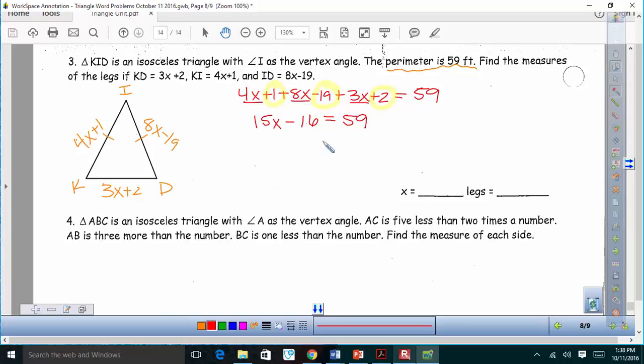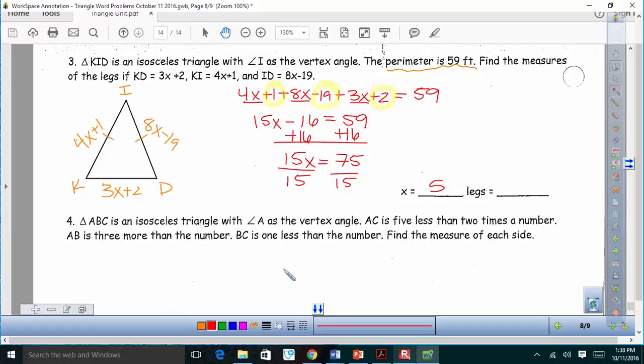Okay? Then we're simply solving for x from here, so what will we do next? Add 16 to both sides. So 15x equals 75. We then divide by 15, and x equals 5. Okay, and so it asked me to find the legs.